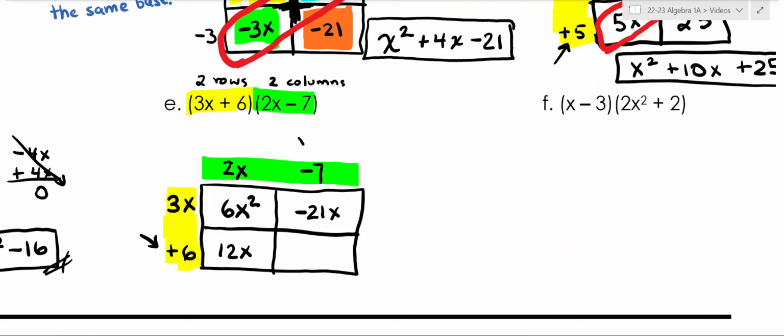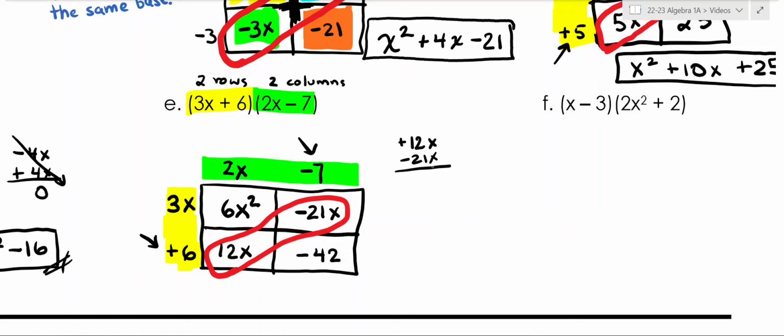And the last box is going to come from the two constants, the positive 6 times the negative 7. And was that negative 42? Hope so. All right, so do you see any like terms? I think I do. Both of these have a single x, right? Once again, don't cheat yourself. Think carefully. This is a positive 12x and a negative 21x.